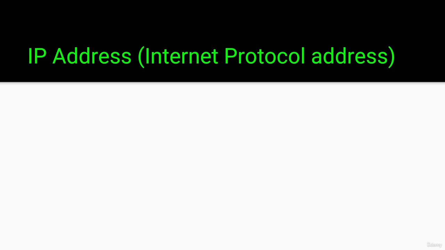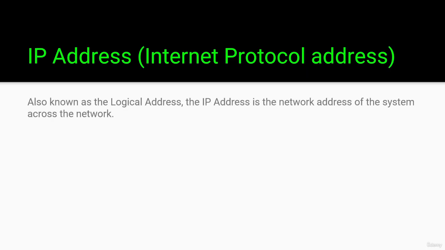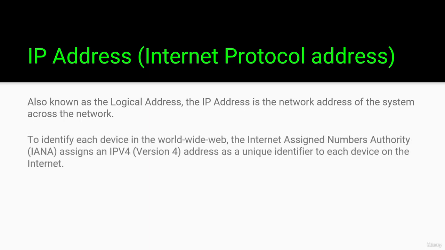Now we have the IP address, or Internet Protocol address, also known as a logical address. The IP address is the network address of the system across the network. To identify each device on the World Wide Web, the Internet Assigned Numbers Authority (IANA) assigns an IPv4 (version 4) address as a unique identifier to each device on the Internet.